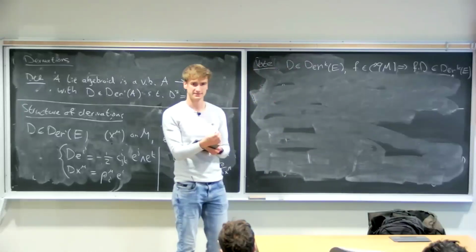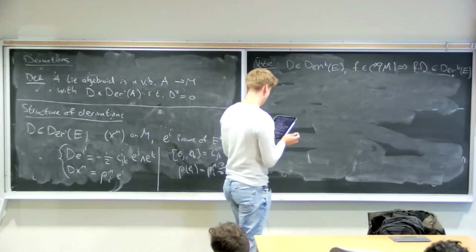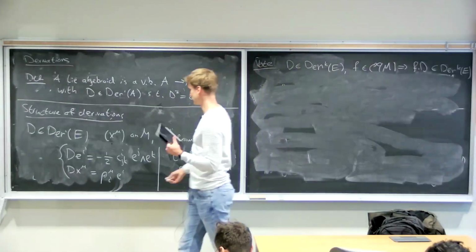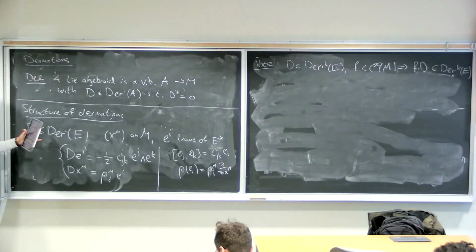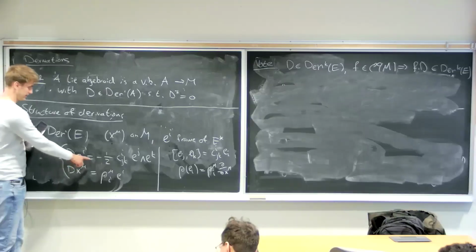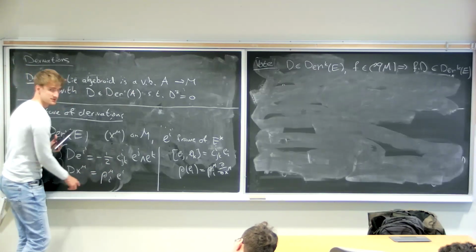It still satisfies the same Leibniz rule. That's not affected. And because of this local coordinate description, as a module, the k derivations are finitely generated and locally free, generated by the choice of these functions.